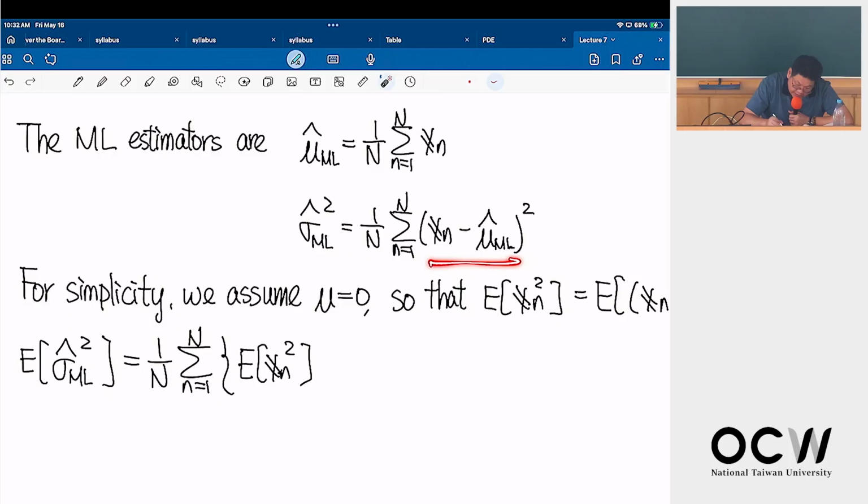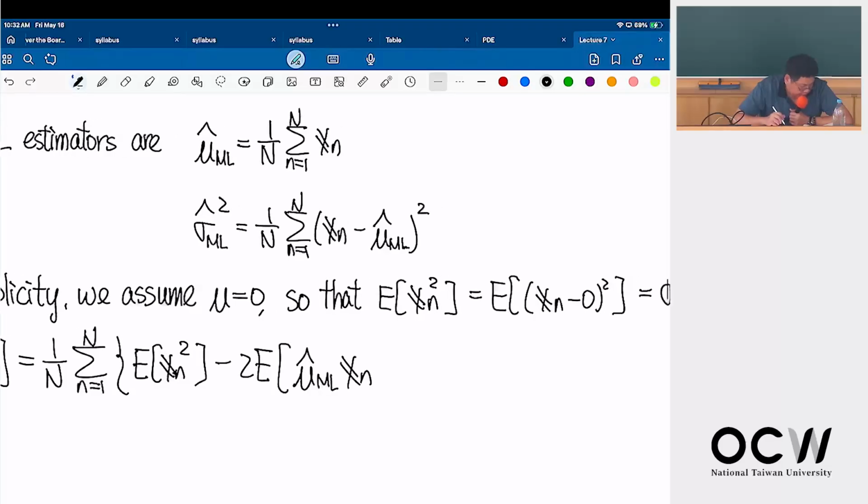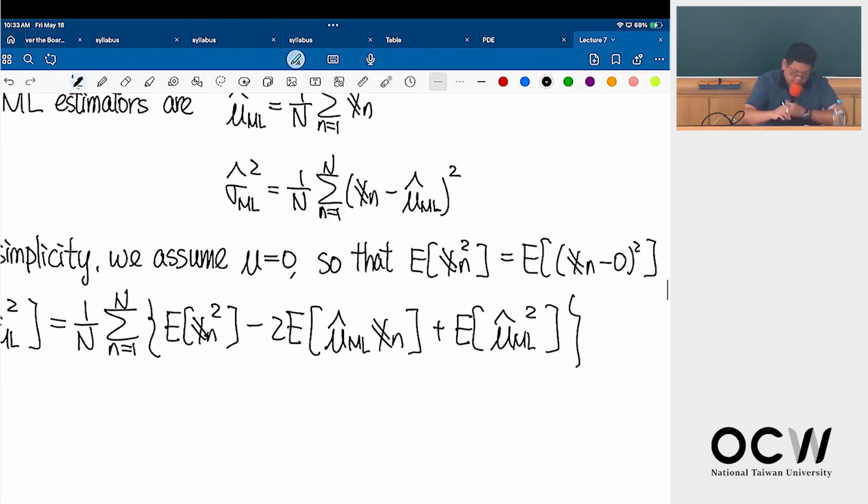Inside this square, we have minus 2 times the expectation of the mean times the variable xn, and then plus the expectation of your mean squared. The first one is sigma square.